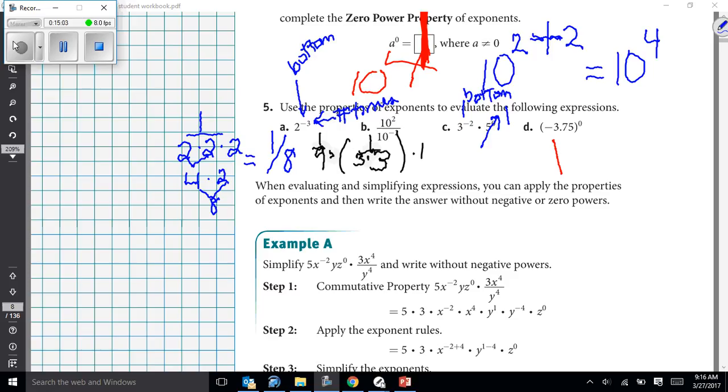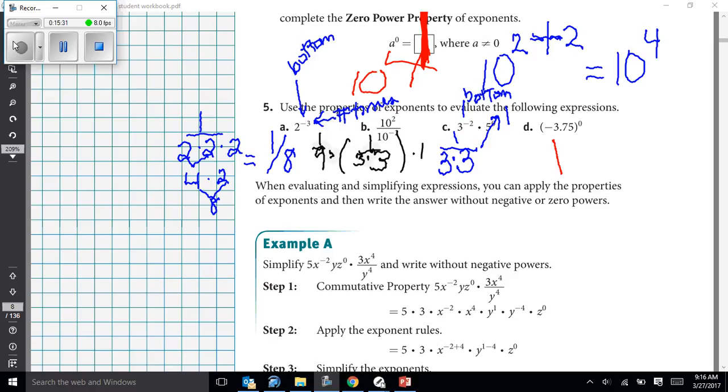The number of times that you're multiplying it, right? But where are we multiplying it? In the bottom. And what are we multiplying in the bottom? What's our base? 3. So we have 1 over, because we're going to the bottom. Our base is 3, and how many times are we multiplying 3? So we have 1/9.